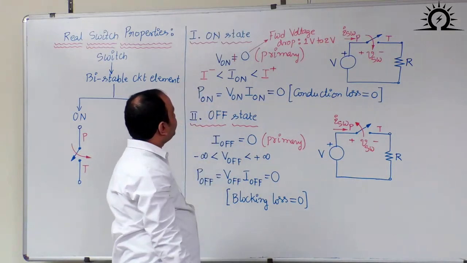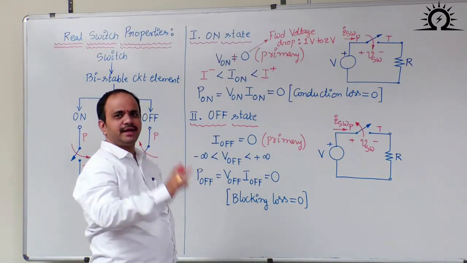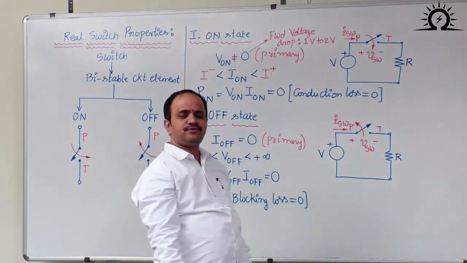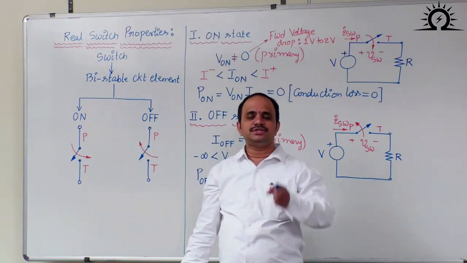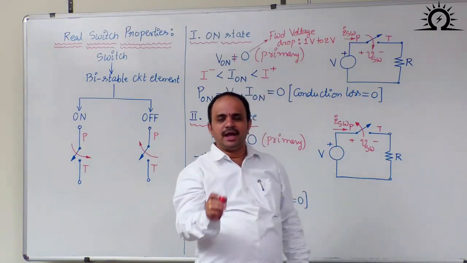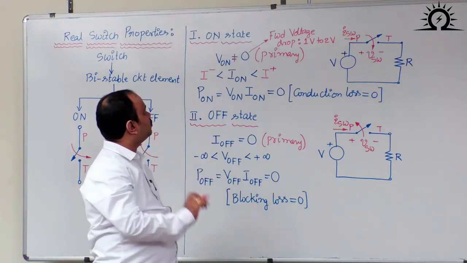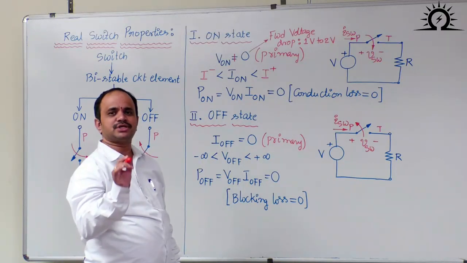Therefore, what is the modification from the ideal condition to the real condition? A switch can carry a finite amount of current during its on state, and it will have a small voltage drop. That small voltage drop is known as the forward conduction drop.